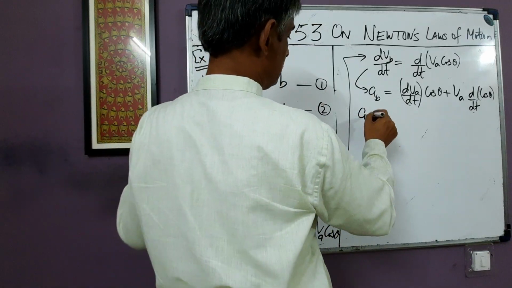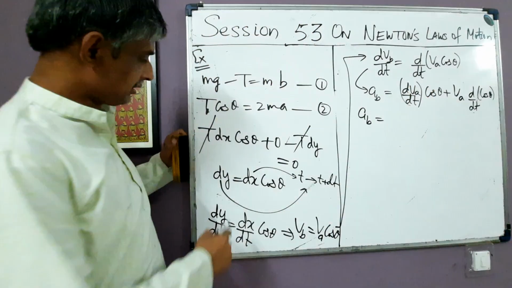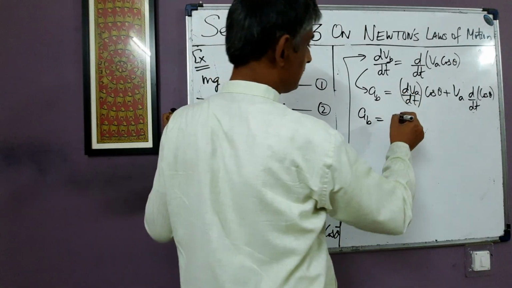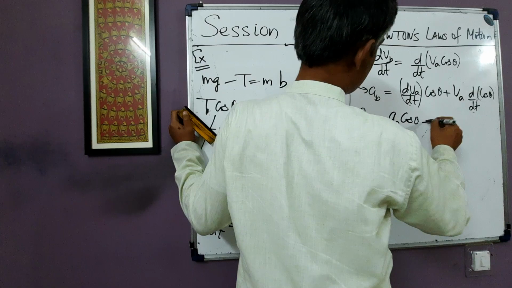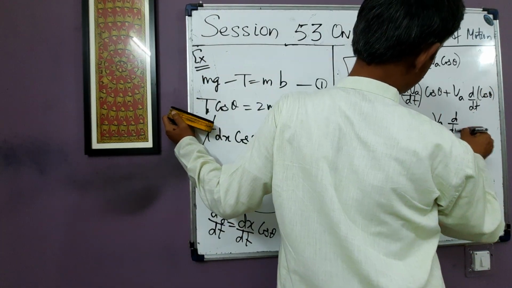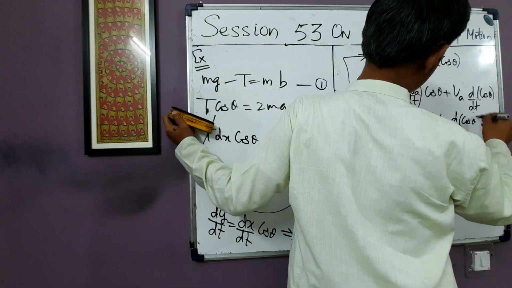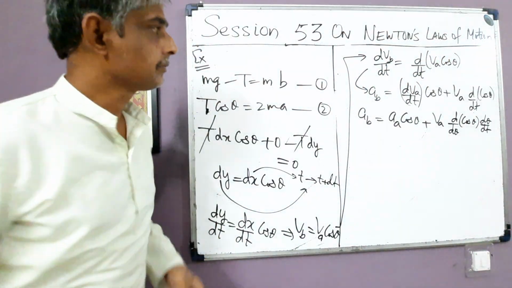What does dVa by dt become? That is nothing but the acceleration of the ring, aa cos theta, plus Va. For this I use the chain rule: d by d theta of cos theta into d theta by dt.